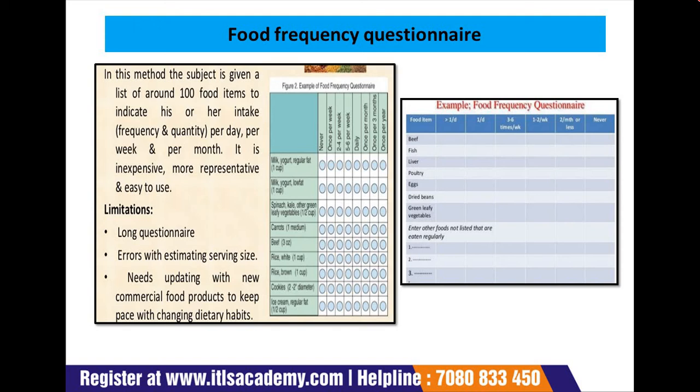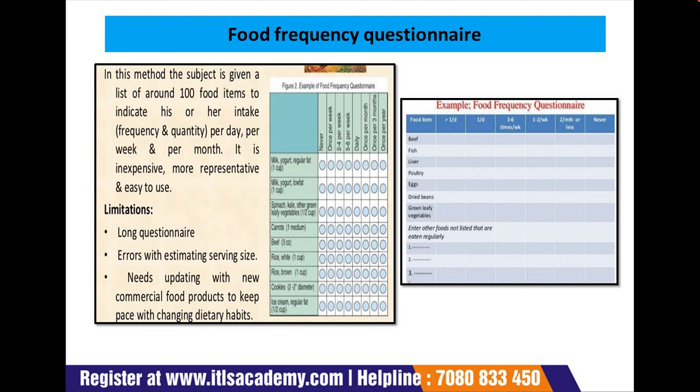It is a retrospective review of intake frequency, that is, food consumed per day, week, 15 days, or month. The respondent reports the frequency of consumption of each food item from a list of food items in reference to a specified period, like the past week, past month, or past year.